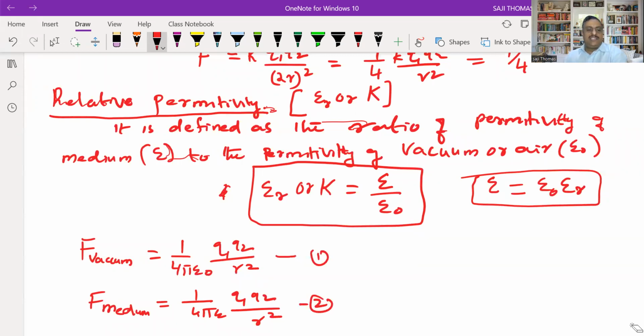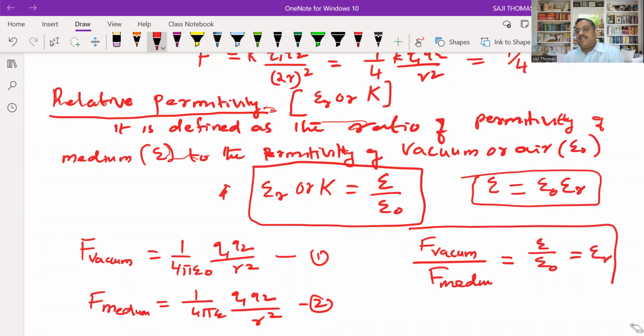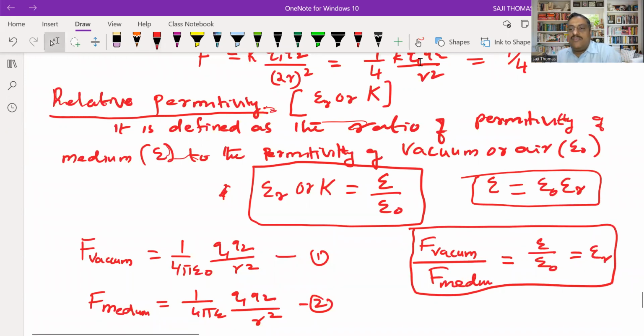If you divide F vacuum by F medium, we get epsilon by epsilon 0. This is epsilon R. So we can define relative permittivity in terms of forces also.